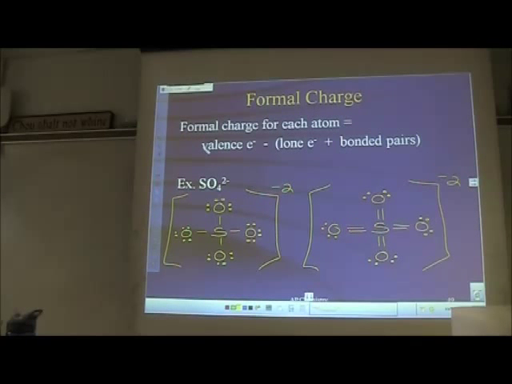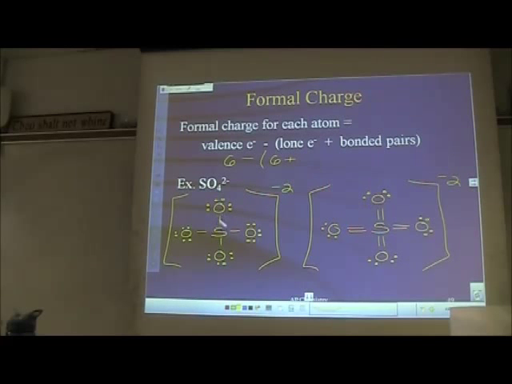So let's do that. We'll start with this oxygen at the top. Based upon where oxygen is located on the periodic table, how many valence electrons does oxygen have? 6, minus, now be careful with this, how many lone electrons, not lone pairs, lone electrons, dots? 6, plus how many bonded pairs? 1.